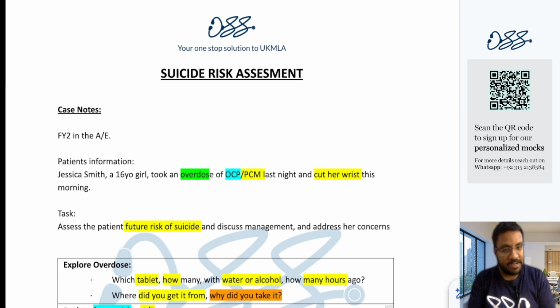Okay, at the right place and at the right time, because in the psychiatry stations, the medical management, yes, it is important, but it may not be the most important thing. Okay, you need to have this in your mind, that you need to give more attention and more importance to the advice part and the safety netting part, specifically when you're discharging a suicide risk patient or a psychiatric patient to their home.